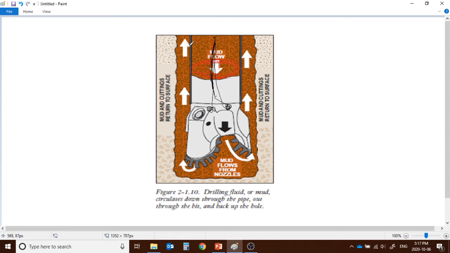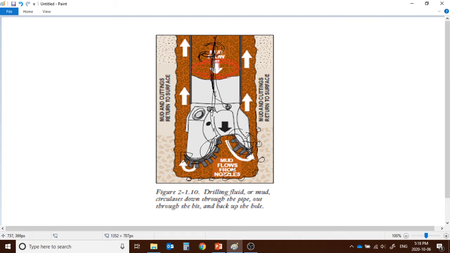Now this is the hollow pipe, and inside it is this tube, which is actually rotating, and that's how these drill bits rotate. What it does is cut these rocks. Now you are cutting these rocks, that is fine, but you need to take them out. Take them out and wash them.